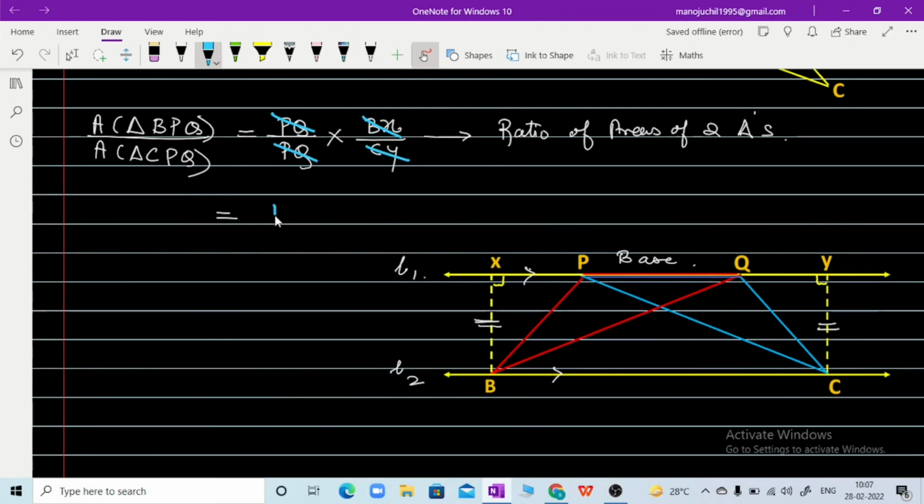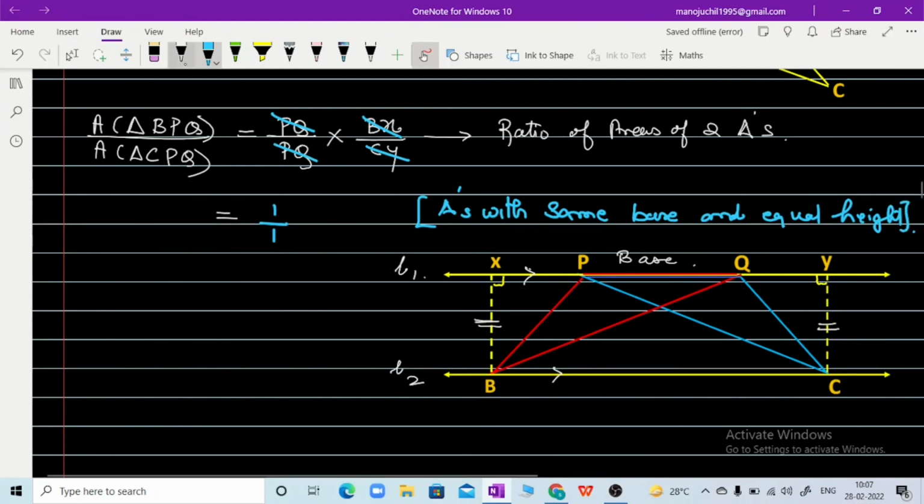So what I am left with is 1 upon 1. The reason: triangles with the same base and equal heights. So I get the ratio 1:1.